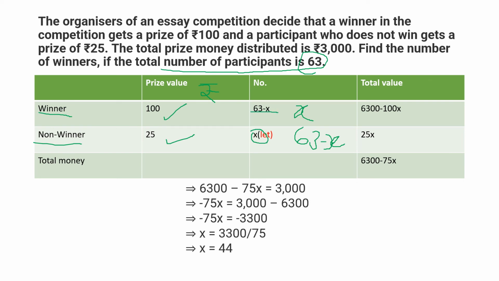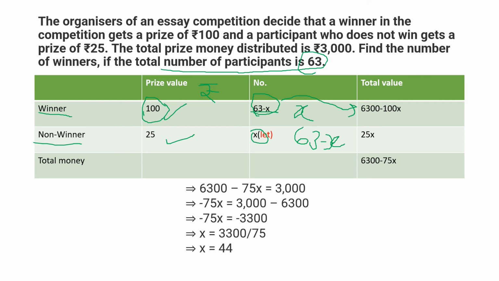Now they are saying that the value which is given to winners, what will that be? The number of participants multiplied by the value per winner, that is 100, multiplied by 63 minus x, which will give you 6300 minus 100x.